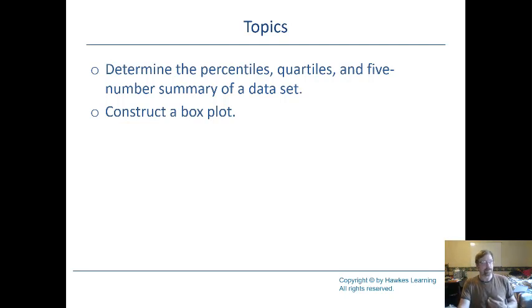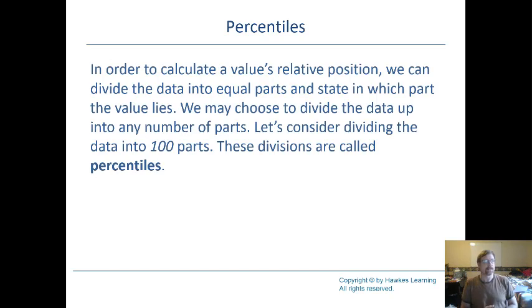So we may have heard the term percentile or quartile when we're talking more about standardized tests, for example. You might hear about somebody being in the 90th percentile on the ACT. Basically you divide the data up into equal parts and say which part the value lies in.